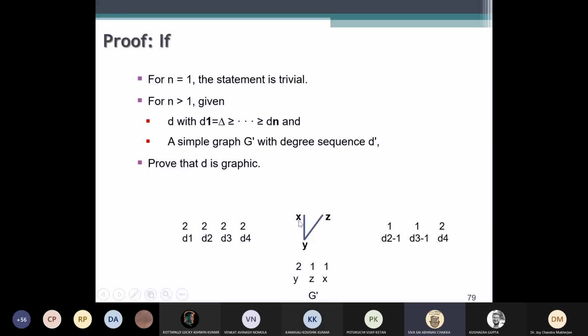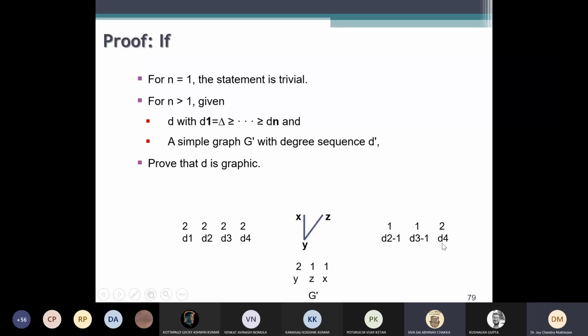Now if I delete 2 from here, this will be 1, this will be 1, and this will be 2. So this is my D2 minus 1, this is my D3 minus 1, and this is my D4.